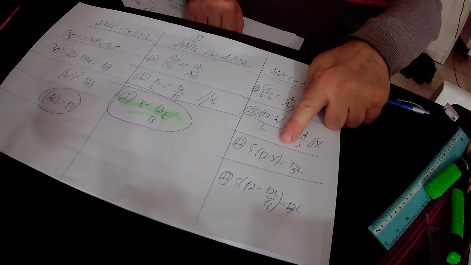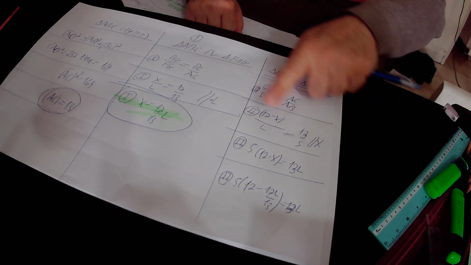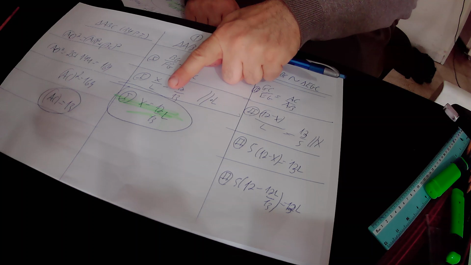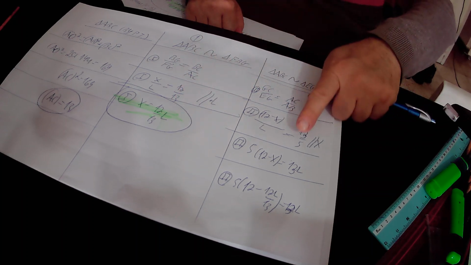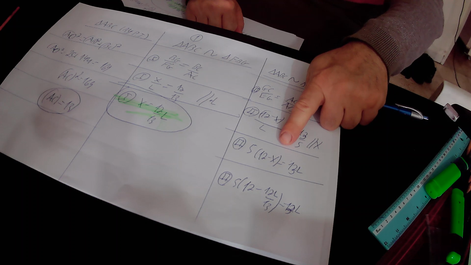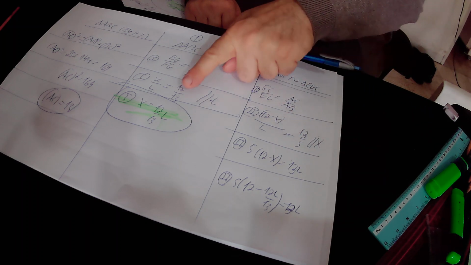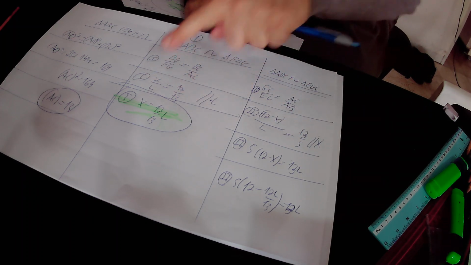So we have here X. But according to equation 1, we already found that X equals 12 over 13 L. So we can substitute X in equation 2 by 12 over 13 L from equation 1.